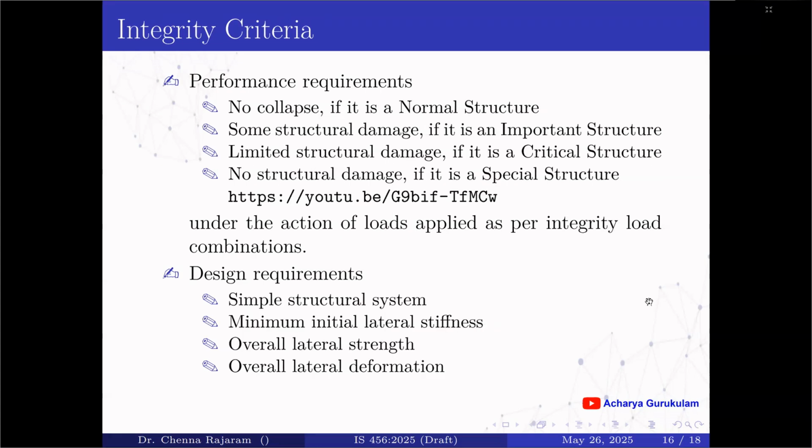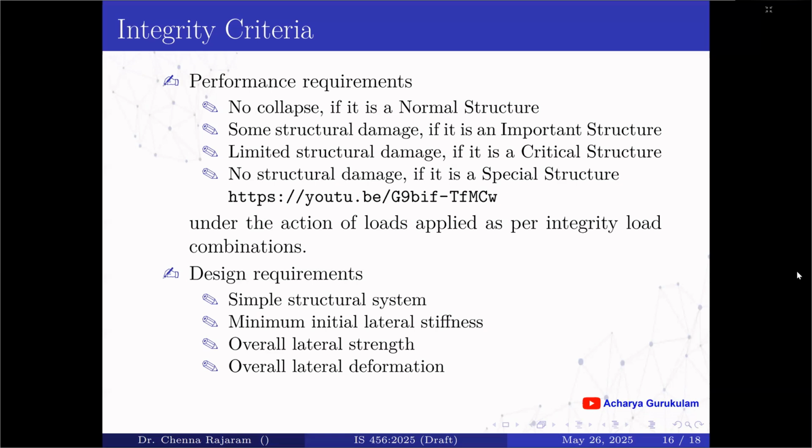Integrity criteria. The performance requirements are that the structure shall possess such virtues of structural behavior: no collapse if it is a normal structure, some structural damage if it is an important structure, limited structural damage if it is a critical structure, no structural damage if it is a special structure.